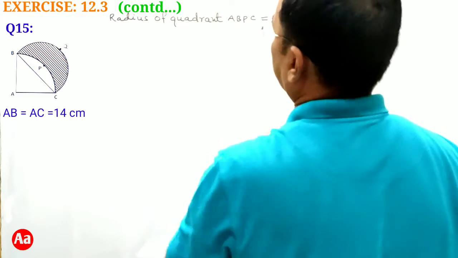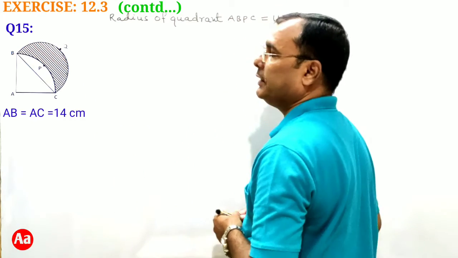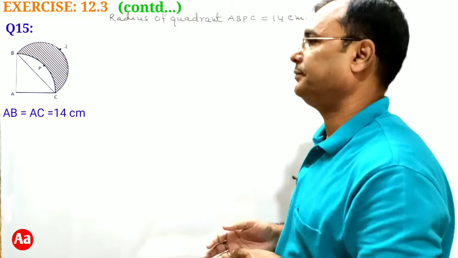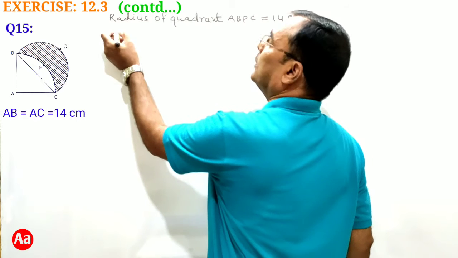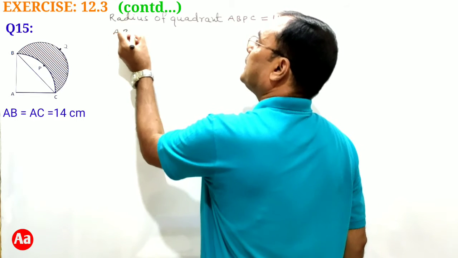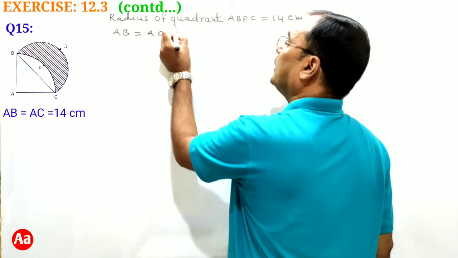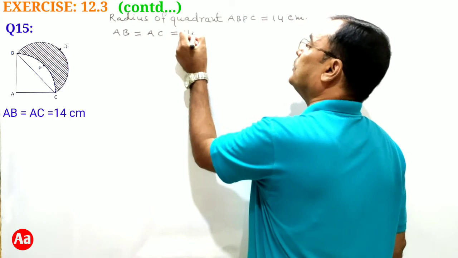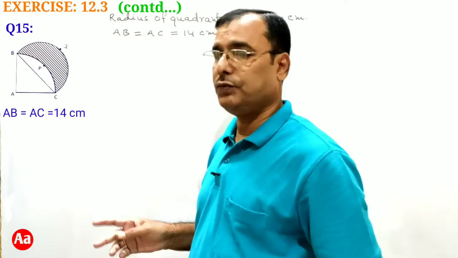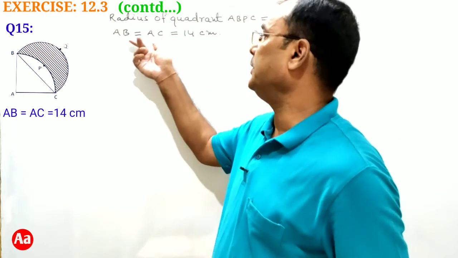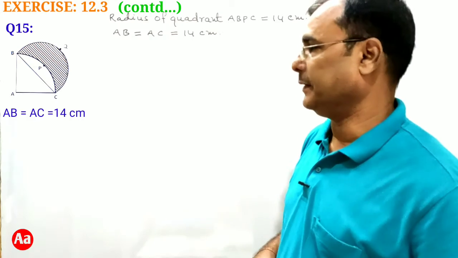This is the radius of the quadrant. A semicircle is drawn with BC as diameter. AC and AB are equal. AB is radius and AC also radius, because it is given the radius of the quadrant of a circle is 14 centimeter. So that's why AB and AC being radii of the quadrant, 14 centimeter we have written.